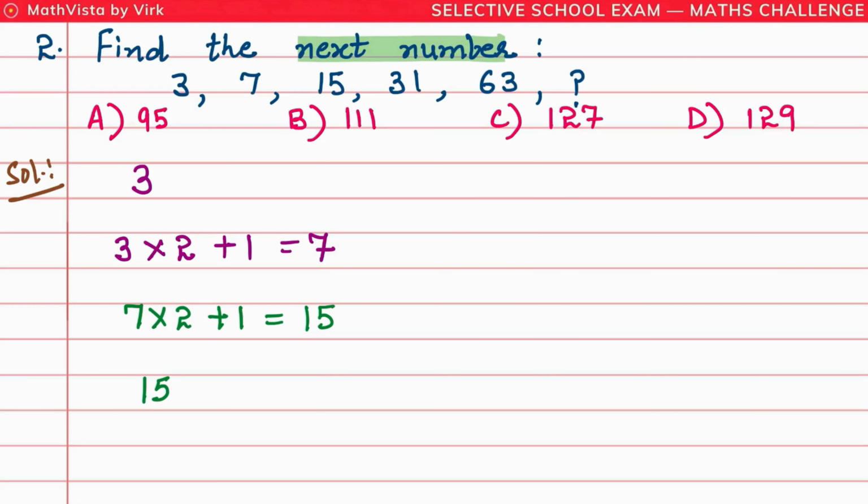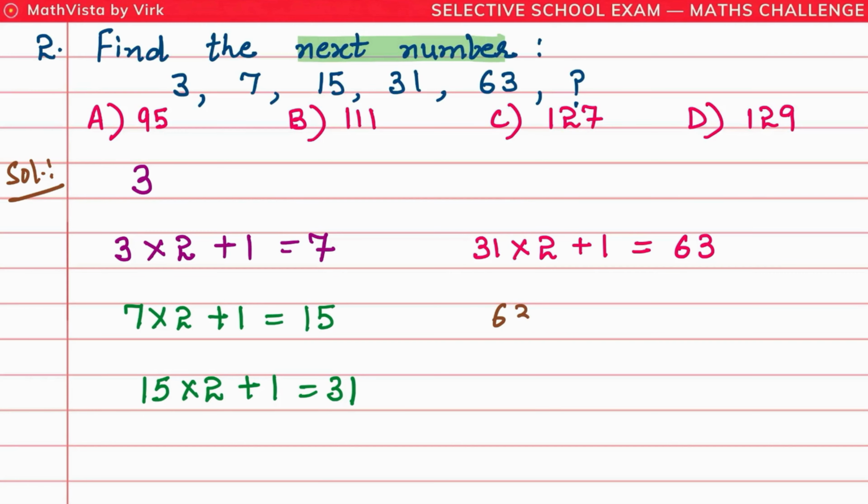Continuing the same way, 15 times 2 is 30 plus 1, 31. Then 31 times 2 and again add 1, we get 63.